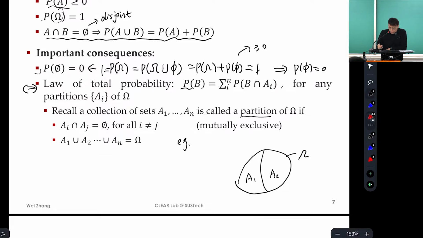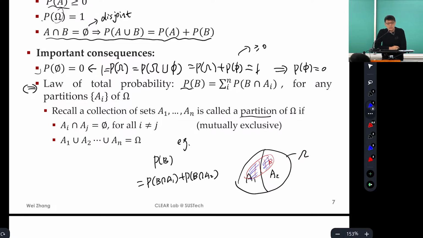Now, if I want to compute the probability of event B, I can say the probability of B equals the probability of B intersect A1 plus the probability of B intersect A2. From this graphic, it's this part and this part summing together. You can prove this, but I don't want to prove everything, otherwise we will not move anywhere.